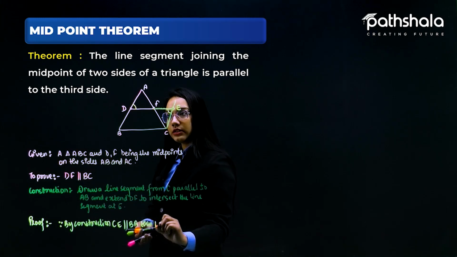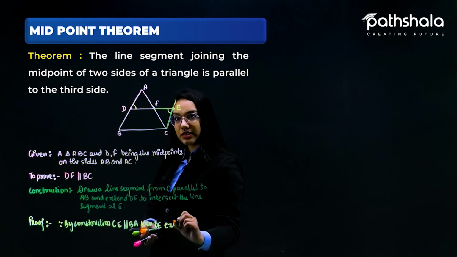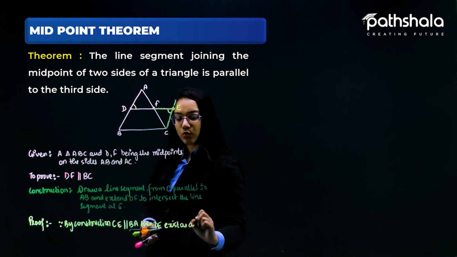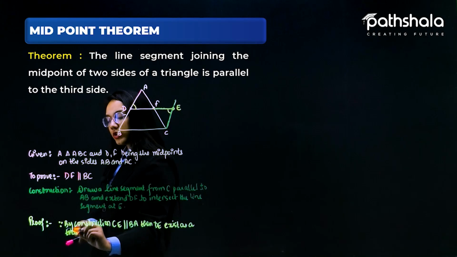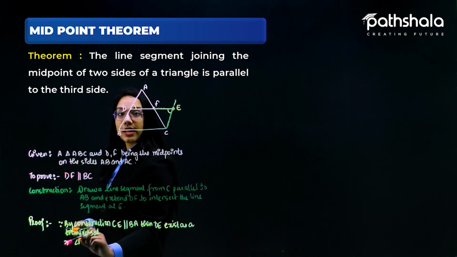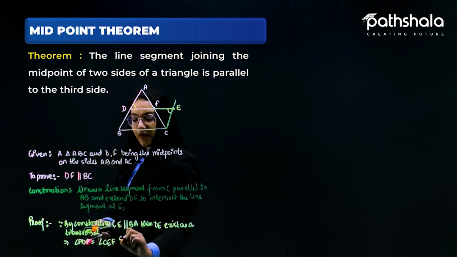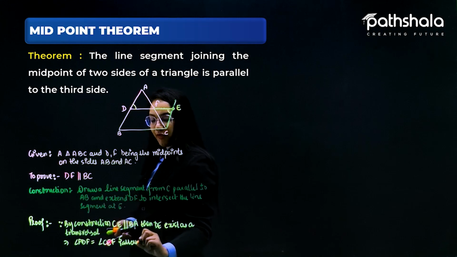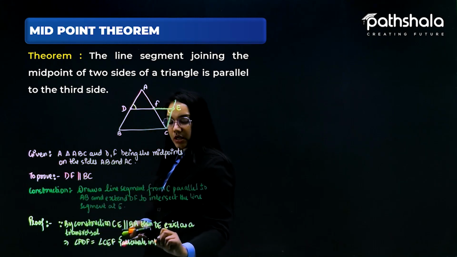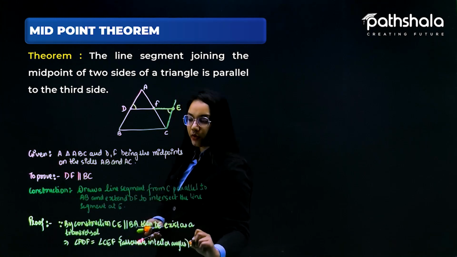Then DE will exist as a transversal between them, which implies that angle ADF is equal to angle CEF, because they form a pair of alternate interior angles. If they form a pair of alternate interior angles, then they are equal to each other.